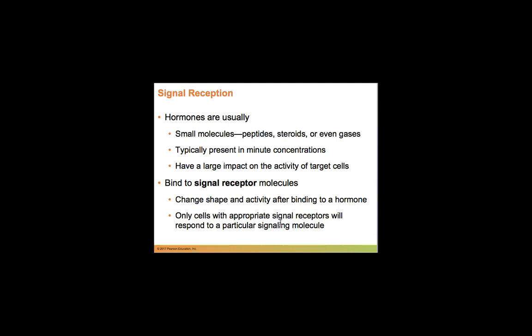Our receptors are going to be very specific in who they want to communicate and bind with. In order to fit into that receptor, you have to have the right amino acids, the right orientation, in order to bind with that receptor. So a hormone will only exert its effect if it can bind to its appropriate signal receptor on the cell membrane.